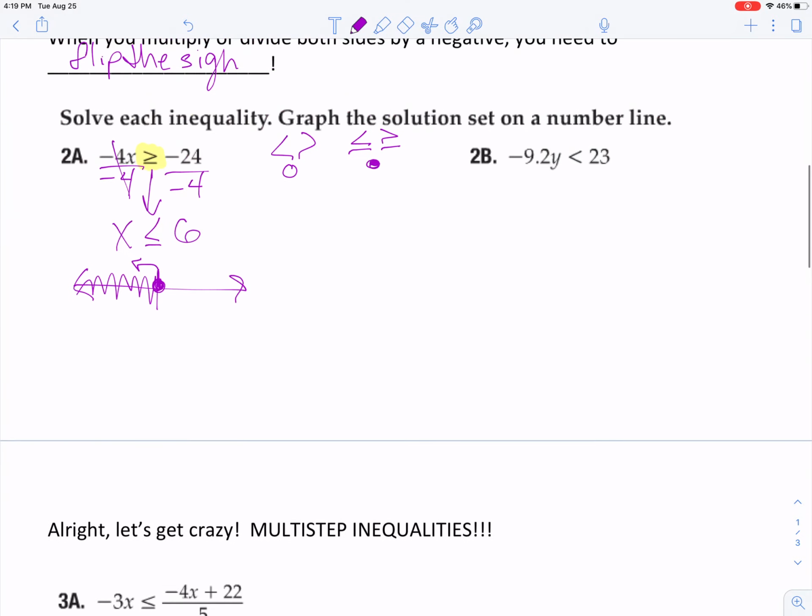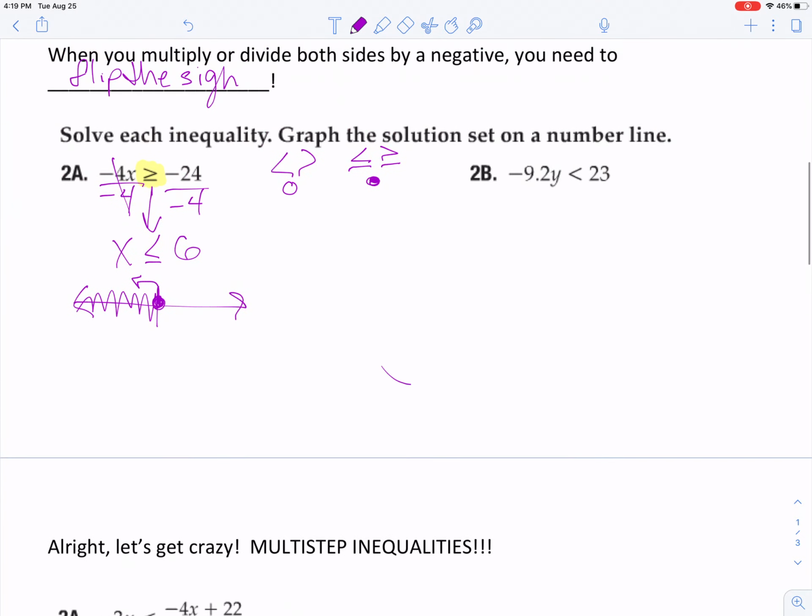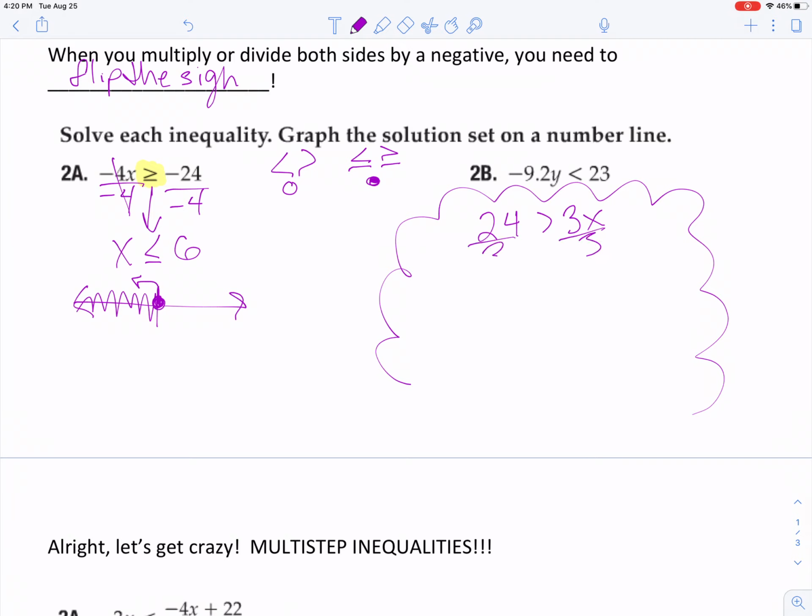Let's do a random example over here. Pretend I have 24 is greater than 3x. To get x by itself, I'm going to divide by 3. Whoa, stop. You're dividing. Was it negative? No. If it's not negative, you don't have to flip the sign. But now my answer is kind of backwards.